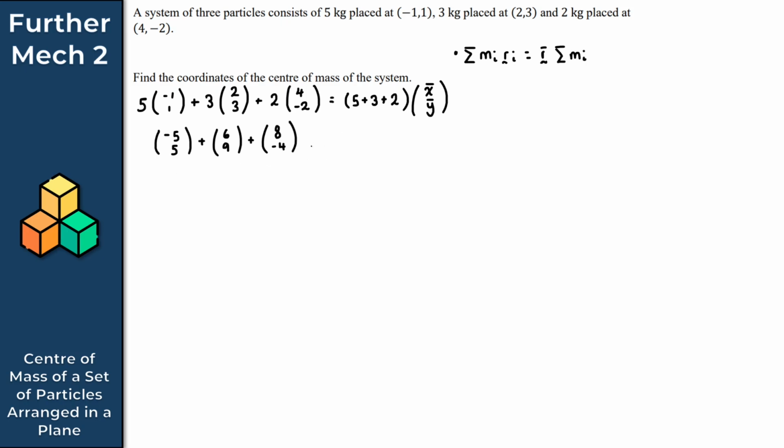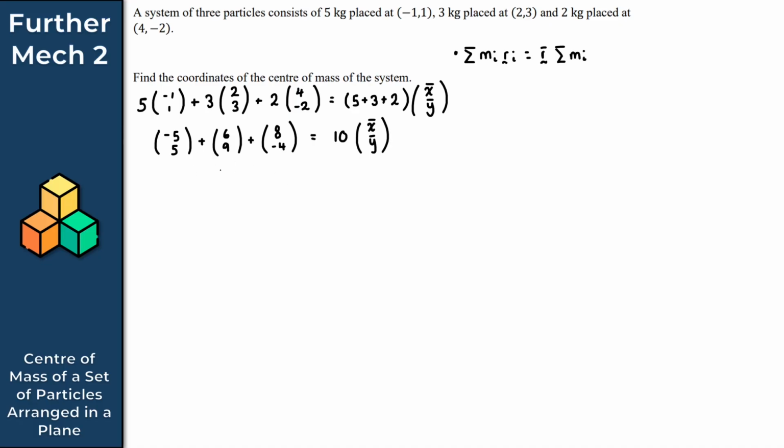So that's the left-hand side; again, I'll simplify that in just a moment. Let's deal with the right-hand side as well. The only thing we can do here is simplify this bracket. 5 plus 3 is 8, plus 2, that gives us 10. So we get 10 lots of (x bar, y bar).